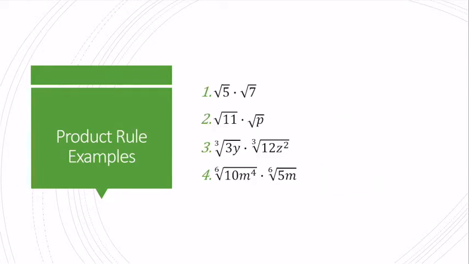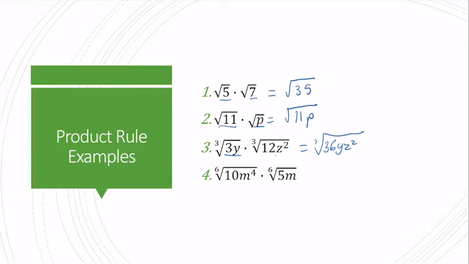If I have the square root of 5 times the square root of 7, that's going to give me the square root of 35, because 5 times 7 is 35. If I have the square root of 11 times the square root of p, that's going to give me the square root of 11p. If I have the cube root of 3y and the cube root of 12z, that's going to give me the cube root of 36yz squared.